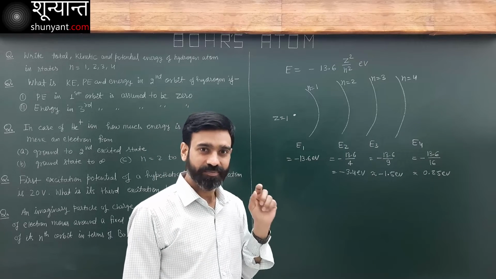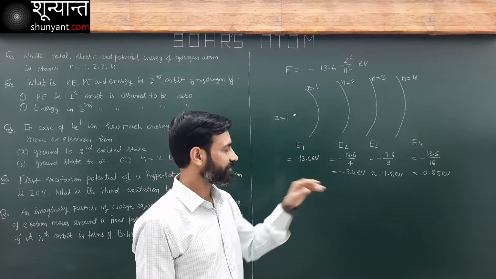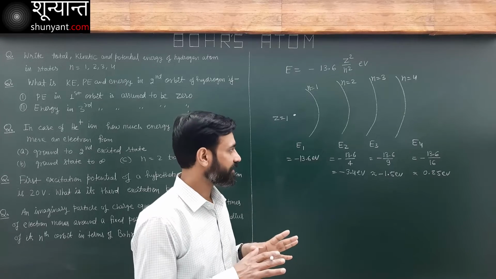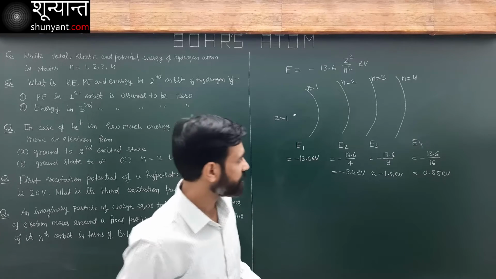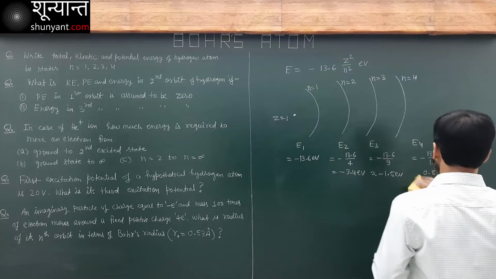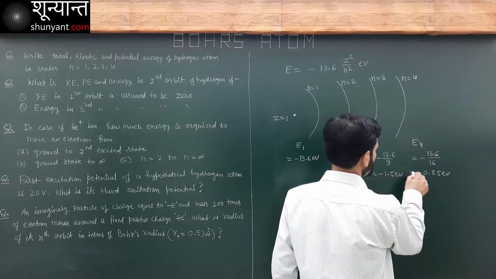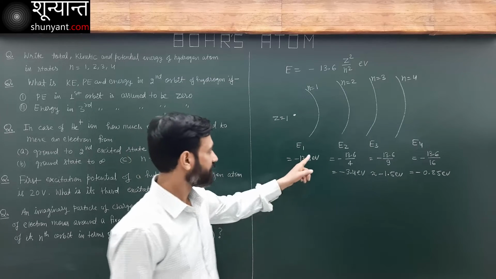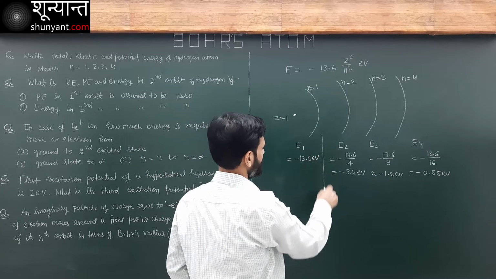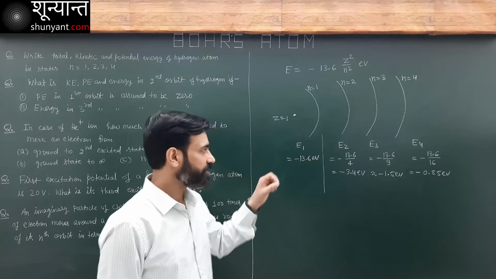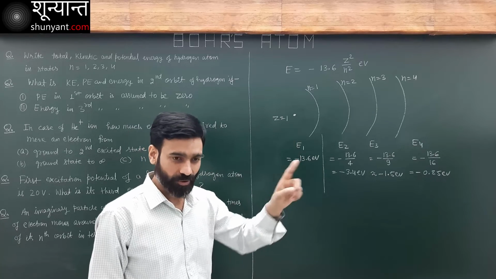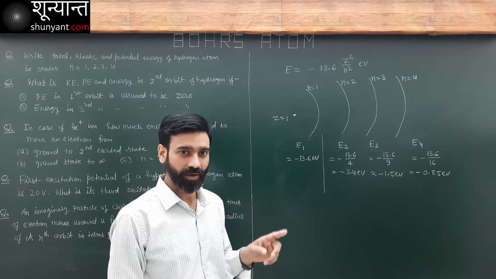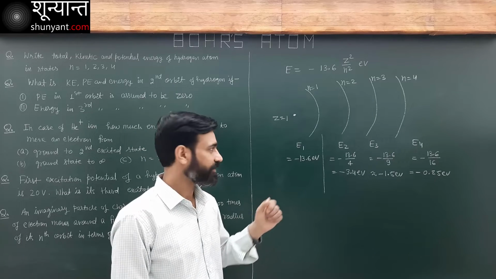Energy of which state is minimum out of all these, taking into consideration the negative sign? The energy of the state corresponding to the first orbit, n equal to 1, the first state, is minimum.